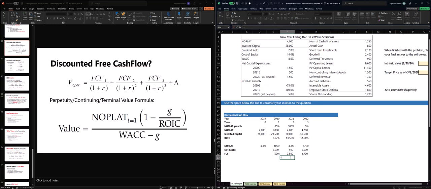So we have that now. We need to do the formula again. So NOPLAT, T plus 1 times 1 minus G, the long-term growth, divided by ROIC, close parenthesis, divided by WACC minus G. Where's our WACC at? 8%.